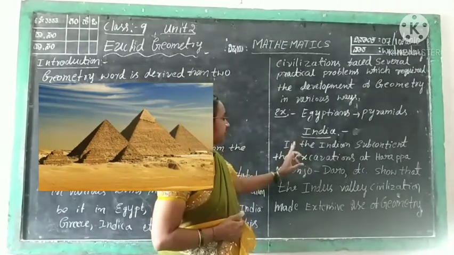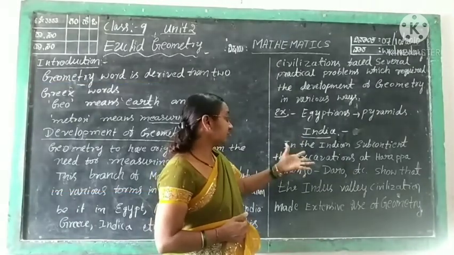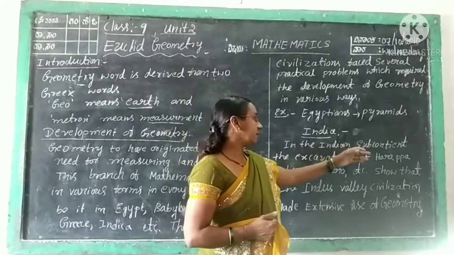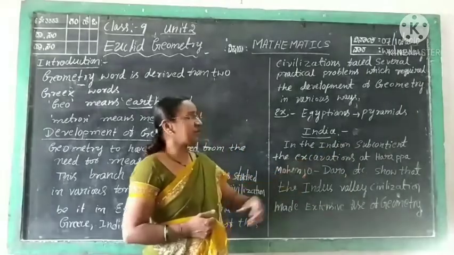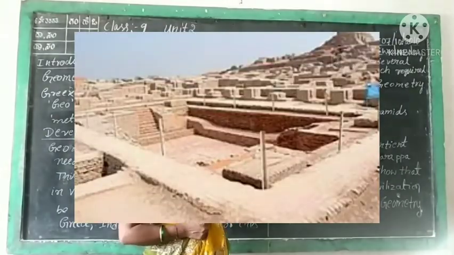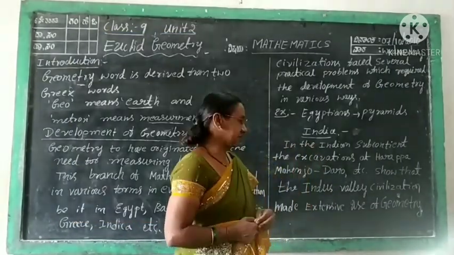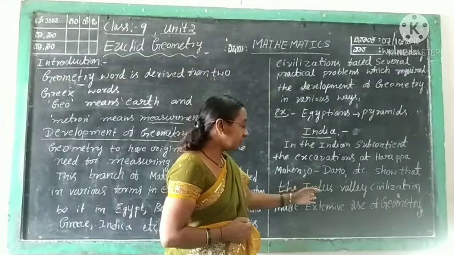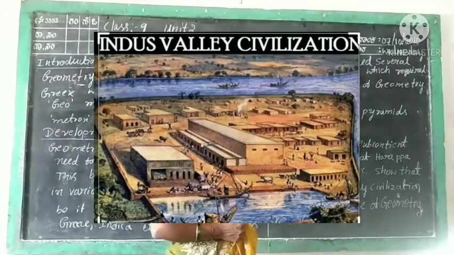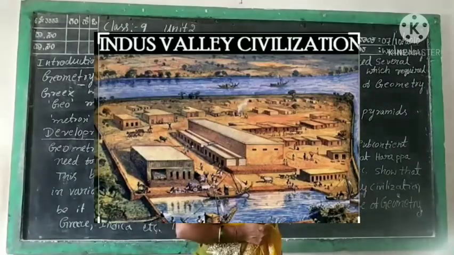Then in India, geometry was used in the Indian subcontinent. The excavations of Harappa and Mohenjo-daro civilizations show that the Indus Valley civilization made extensive use of geometry.